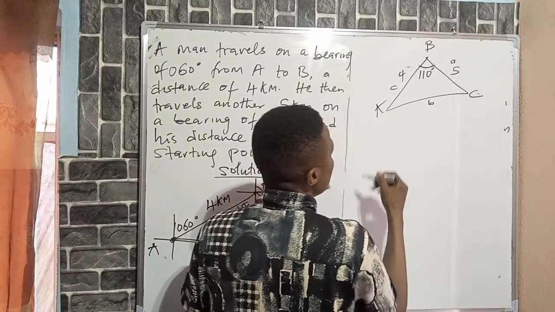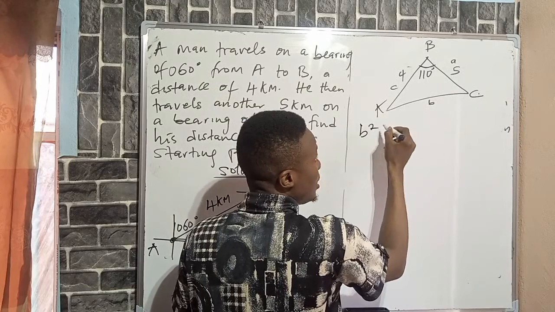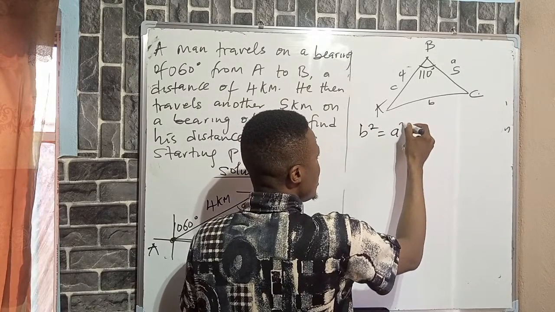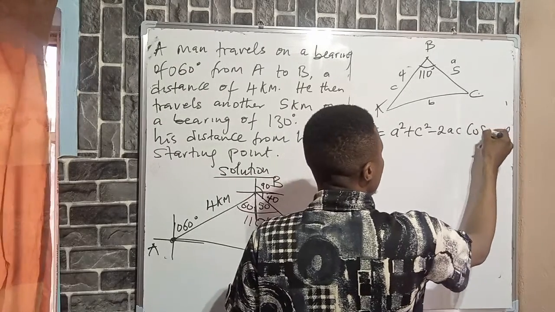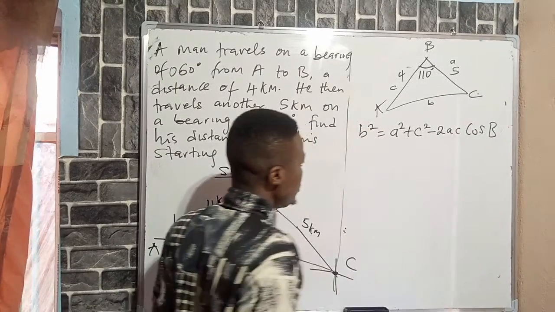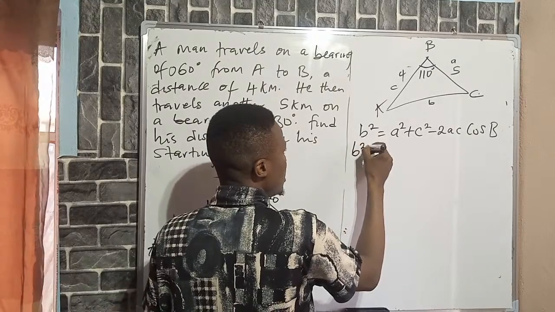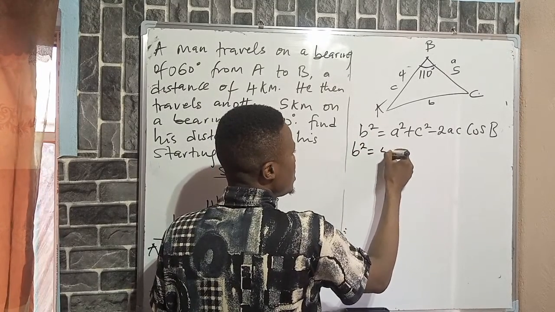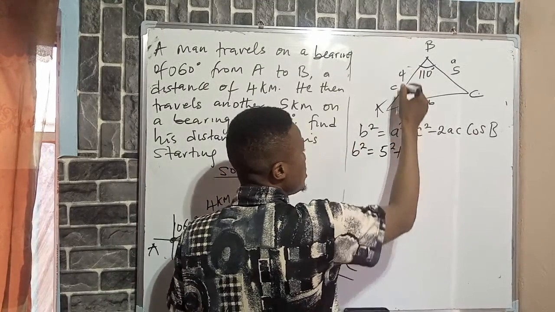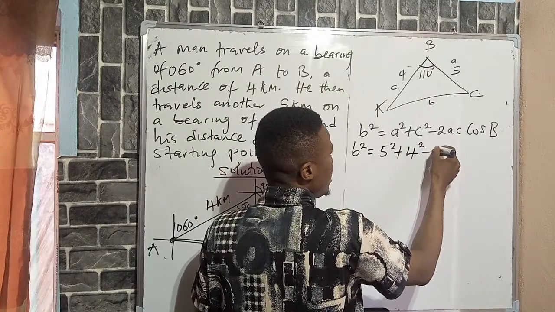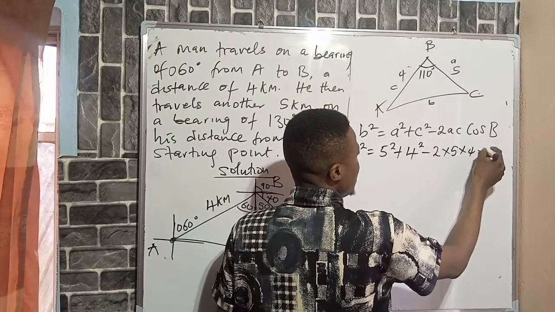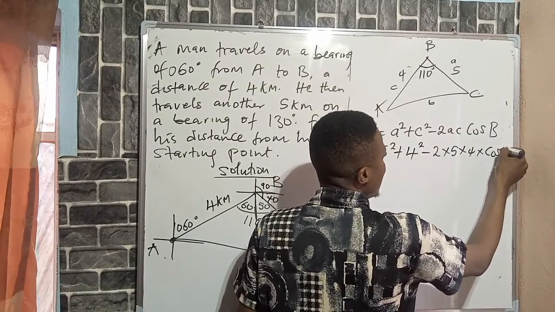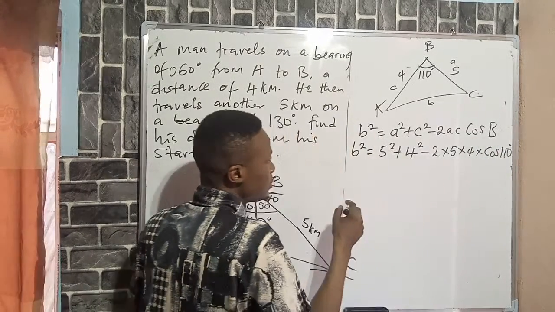So b squared, the formula for cosine rule, is equal to a squared plus c squared minus 2ac cos B. So b squared will now be a, which is 5 squared, plus c squared, which is 4 squared, minus 2 times 5 times 4, times cos 110 degrees.